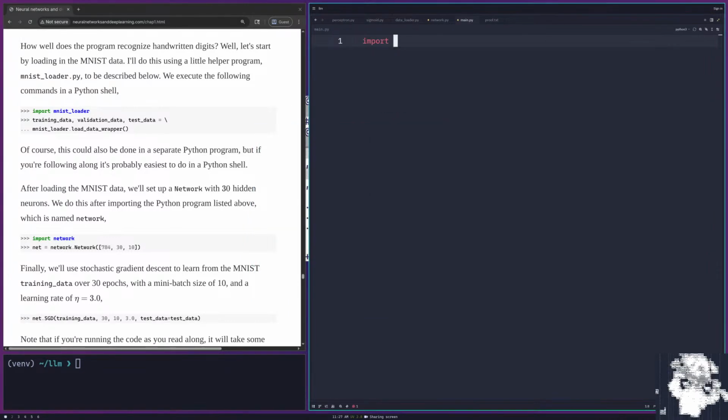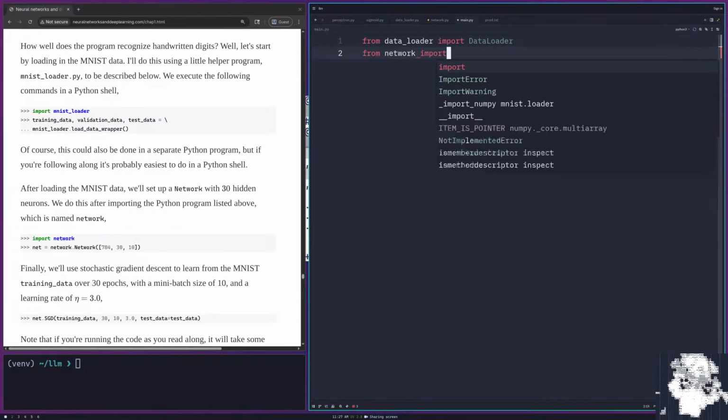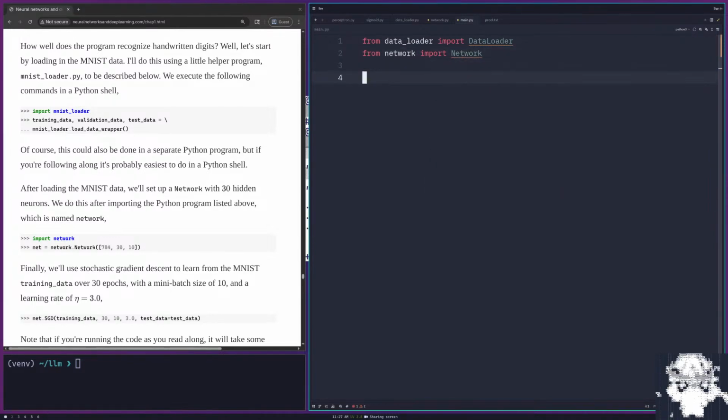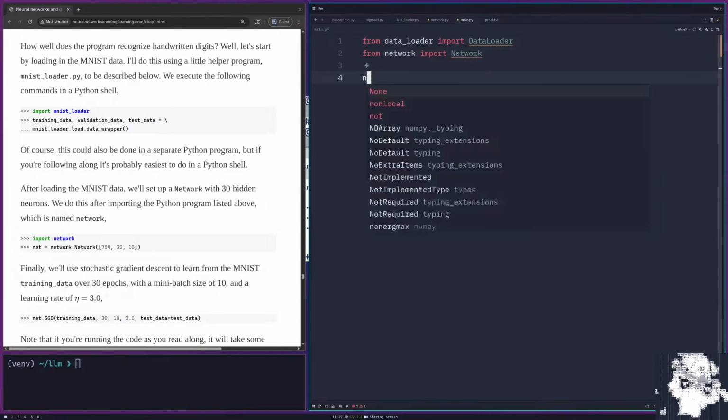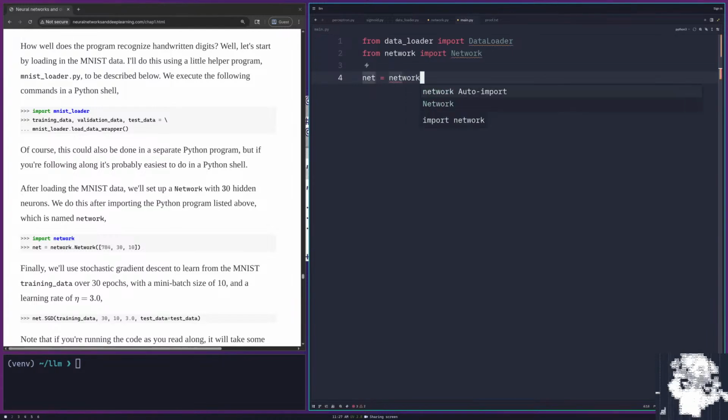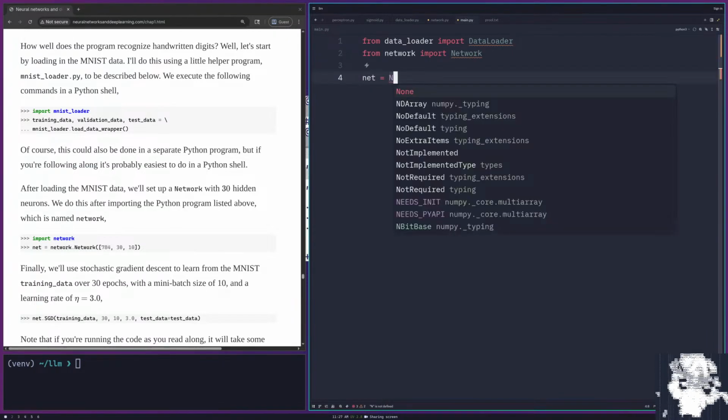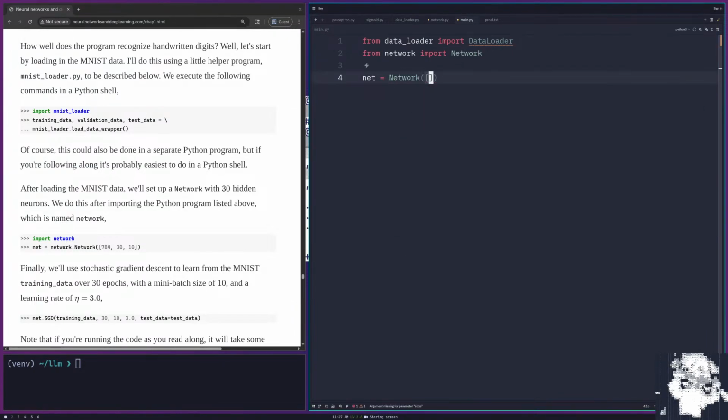It's going to import from data loader import data loader, from network import network, net equals network. We're going to do the same thing they're doing. So there's this many pixels in the input images. Let's do 30 hidden neurons and 10 output.